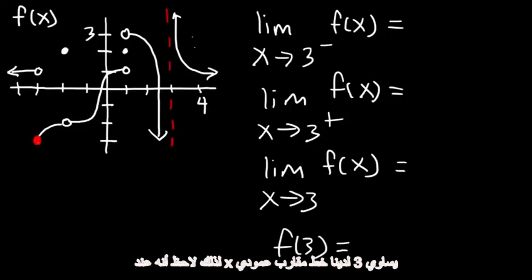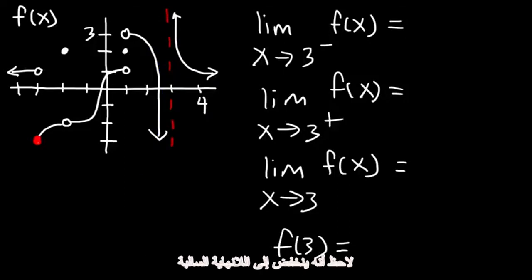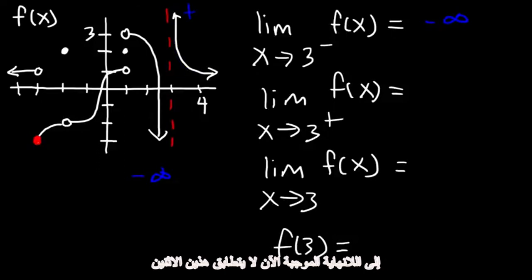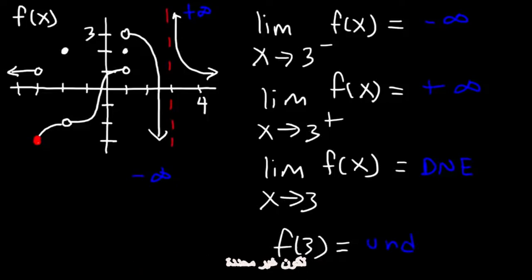Notice that at x equals 3 we have this vertical asymptote. As x approaches 3 from the left side, notice that it goes down to negative infinity. And as we approach 3 from the right side, it goes all the way up to positive infinity. Now these two do not match, so therefore the limit does not exist. And the function value at 3 is going to be undefined.